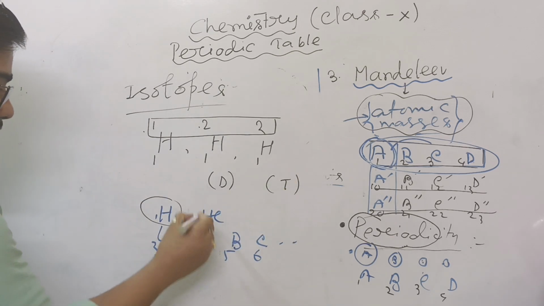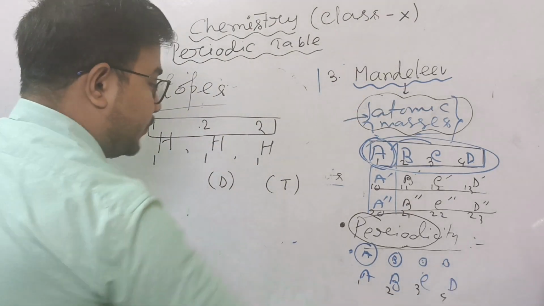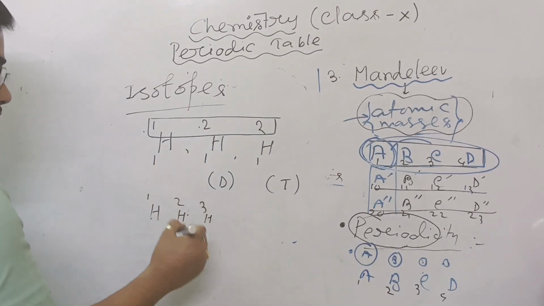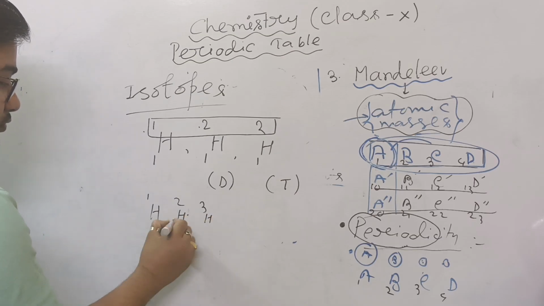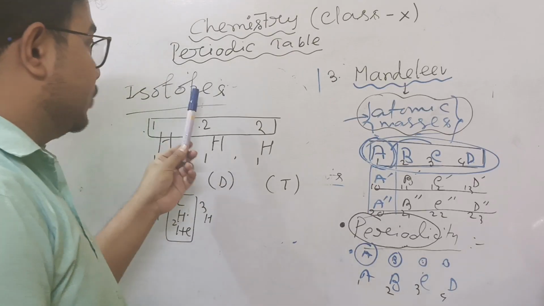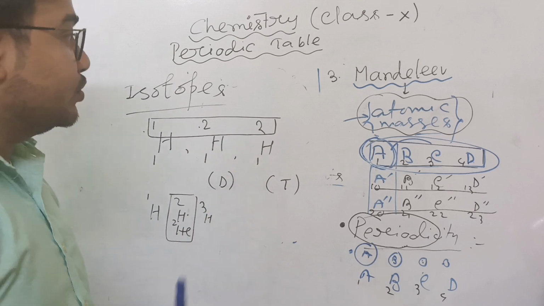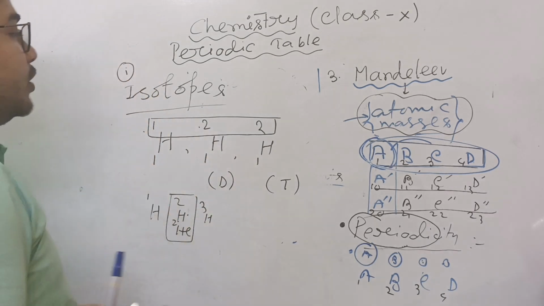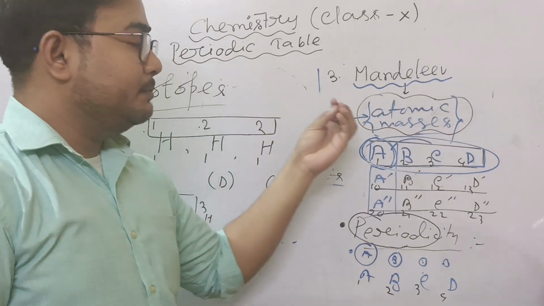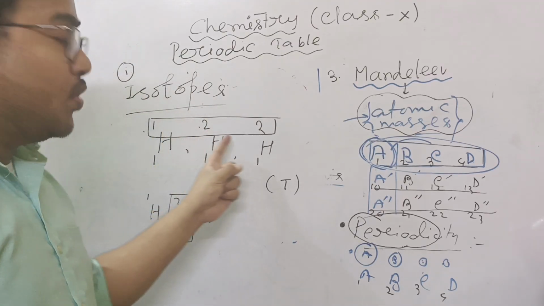So if we arrange according to Mendeleev law, hydrogen 1, hydrogen 2, hydrogen 3, and again helium also 2. Try to understand, if you consider isotopes, for one element we need more than one position. So this is the first drawback or flaw of the Mendeleev periodic table. In the Mendeleev periodic table we cannot give the position of all isotopes.